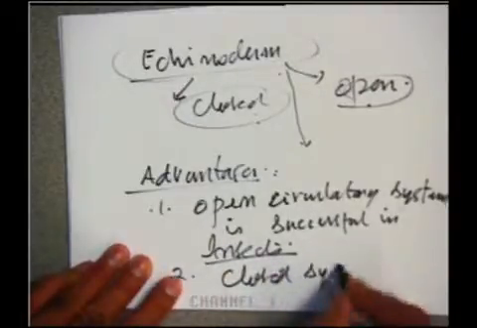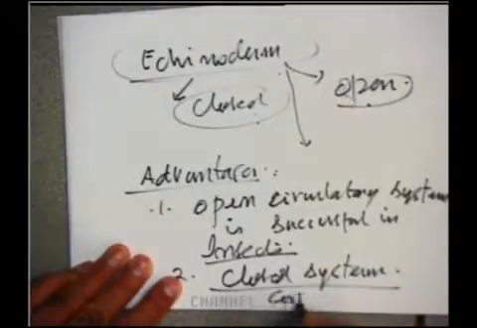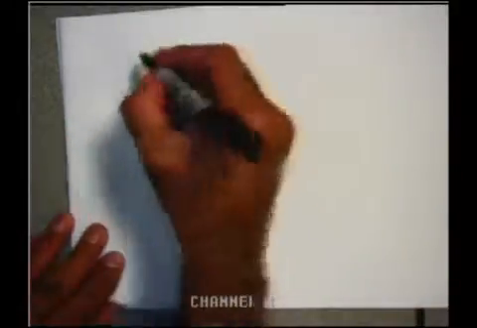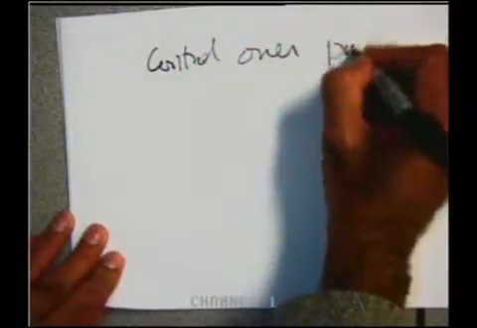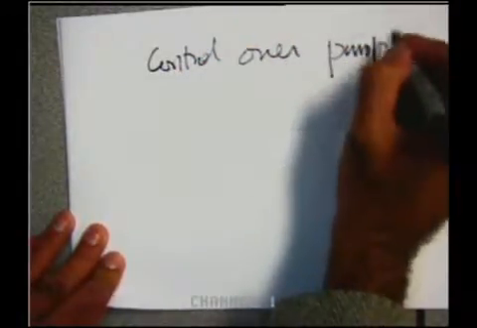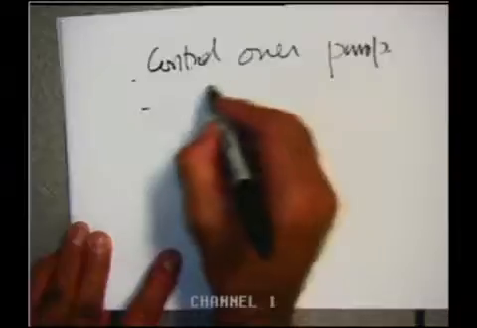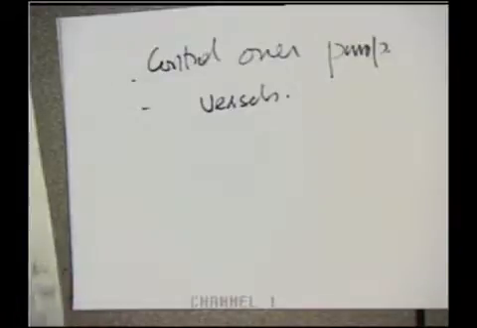Closed circulatory system gives control of blood supply. I'll write it here again. Closed: control over the pump, because you have to pump the blood to the other parts of the body, right? And control over the vessels, blood vessels, capillaries.